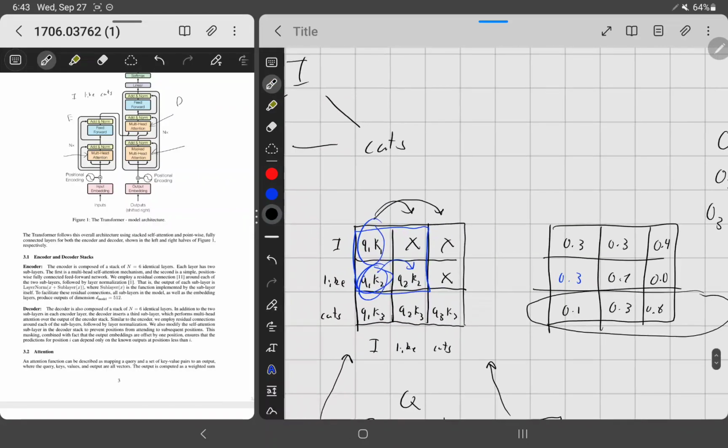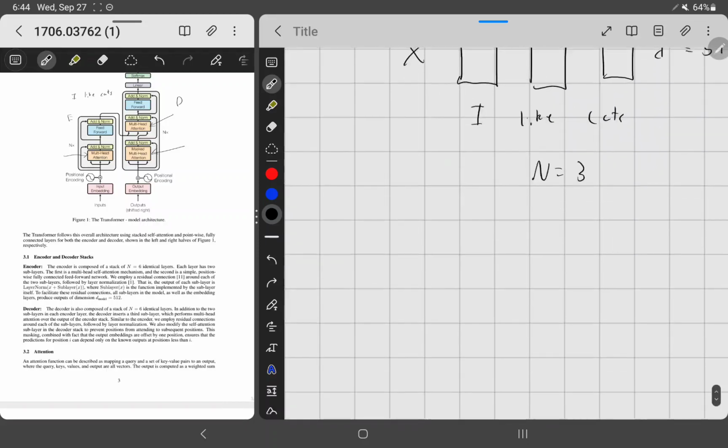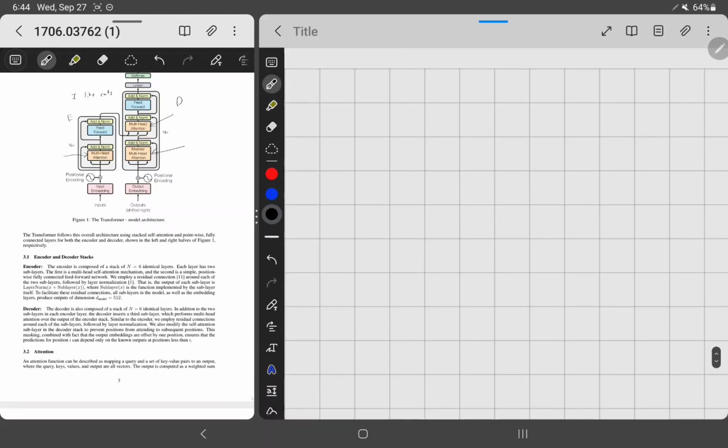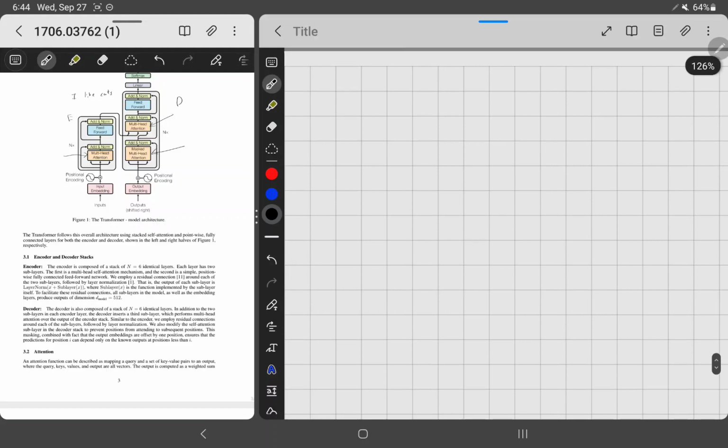If you feed it a sequence and you're trying to generate new text, you don't want it to know what the text already is, because then it will be like, oh yeah, I already know what's in the future, so I'll just generate that. You want it to be able to generate the text. So that's why you mask out the top right triangle, so you don't have I knowing what's coming next, or knowing that cats is the next word.